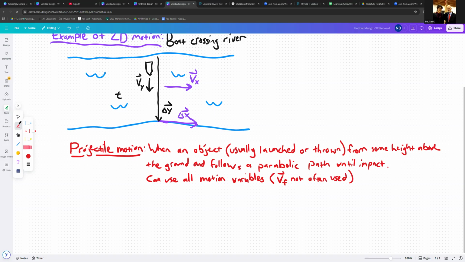Okay, so let's talk about how to approach these. Generally, what we do with projectile motion problems.